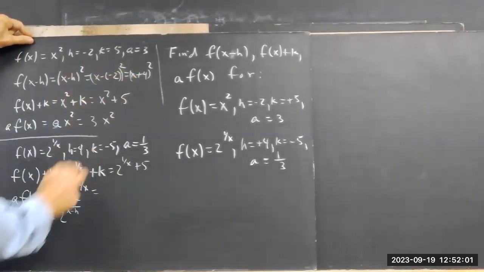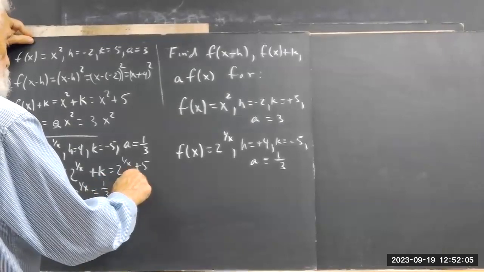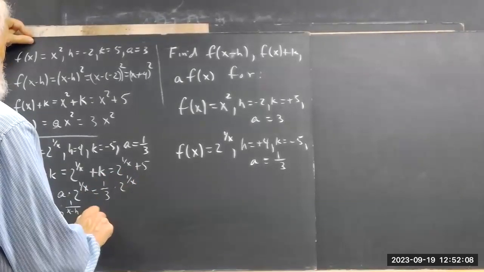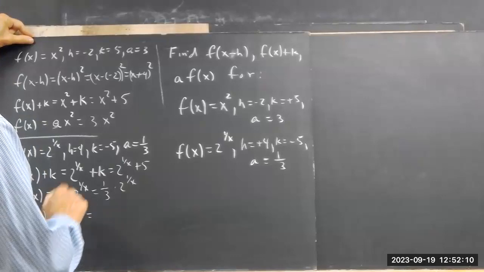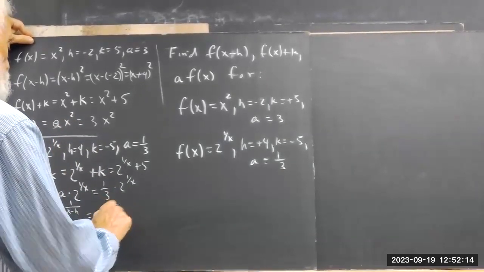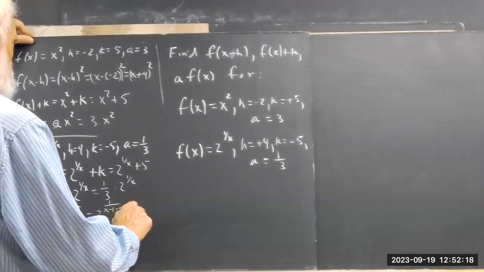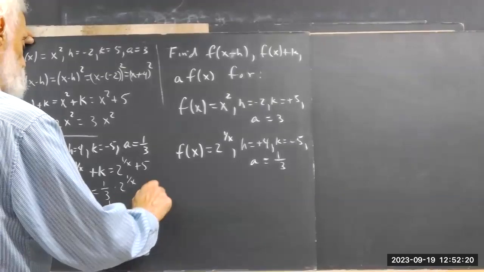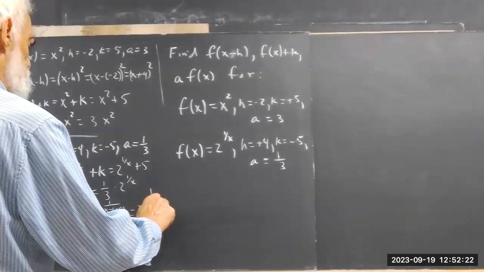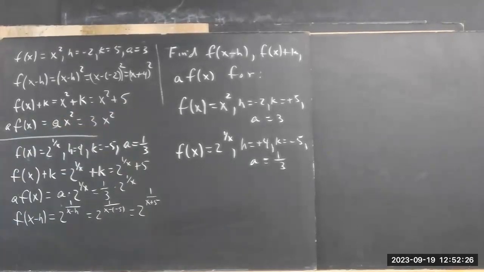A is 1/3. So this gives you 1/3 times 2 to the 1 over x. And h is -5, so it's 2 to the 1 over x minus -5. And of course, that needs to be simplified: 2 to the 1 over x plus 5. Now, if you were doing x plus h, you'd have an x minus 5 then.